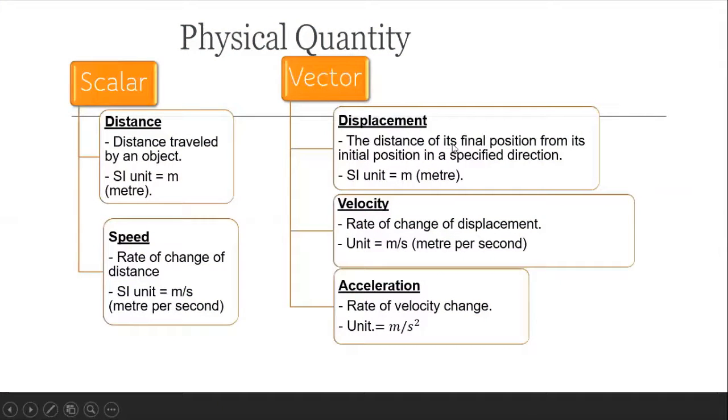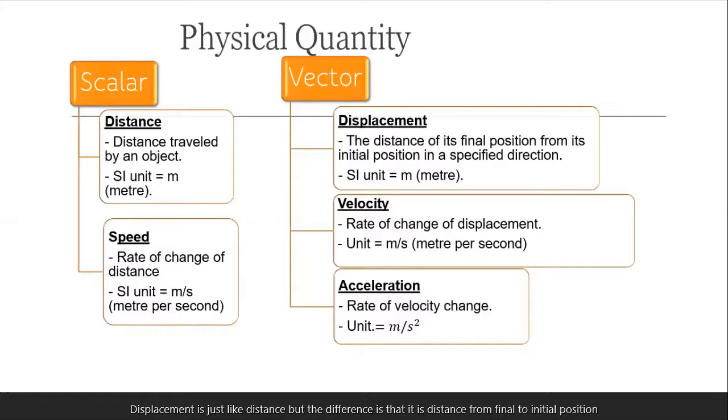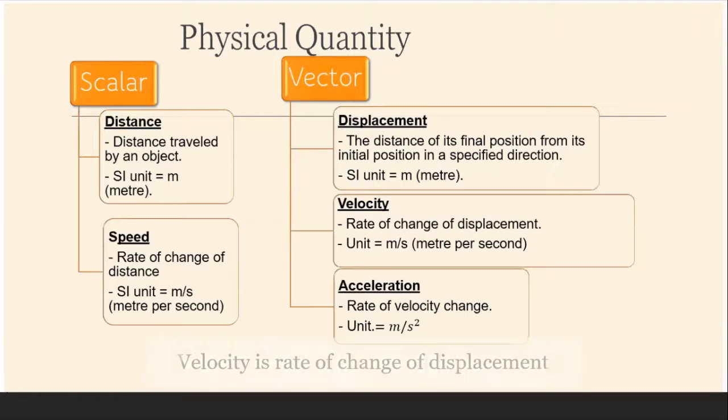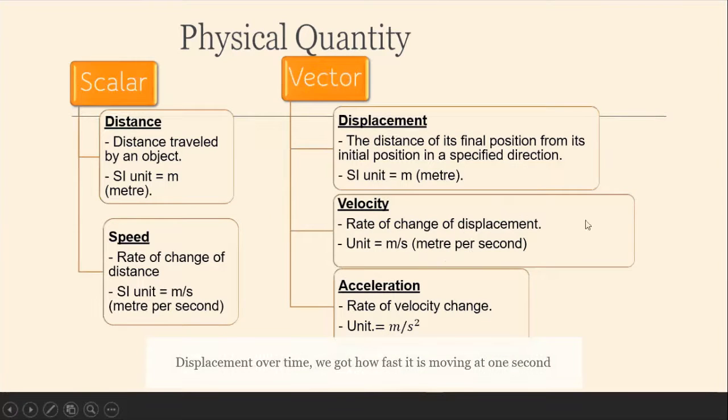And for vector, displacement. Displacement is just like distance, but the difference is it is the distance from its final position to the initial position, and it also has magnitude because it is a vector quantity, right? And next one is velocity. Velocity is also based on displacement, which is the rate of change of displacement. It means displacement over time.